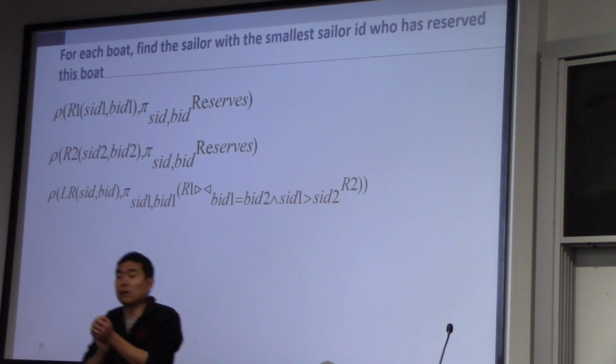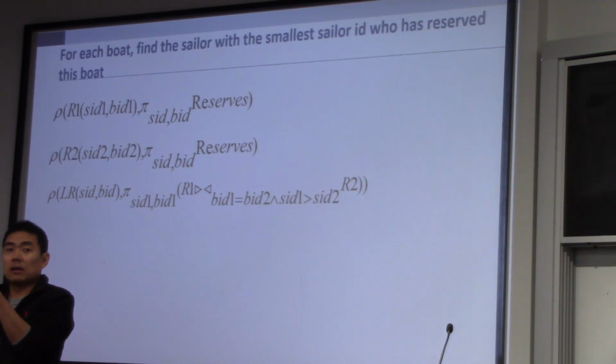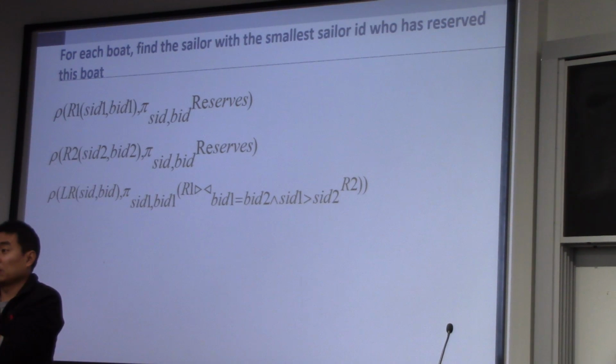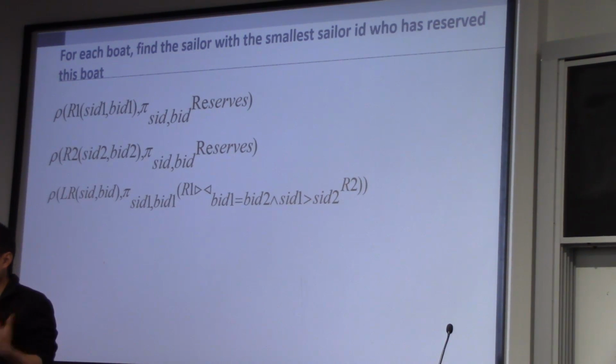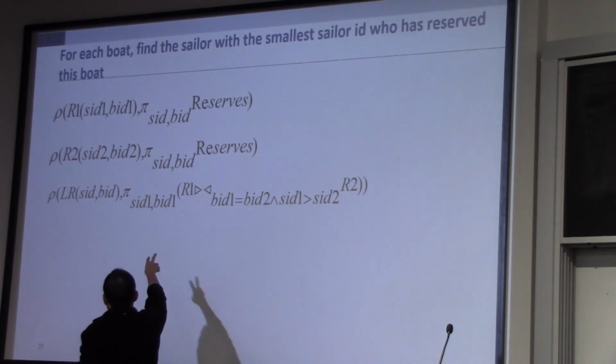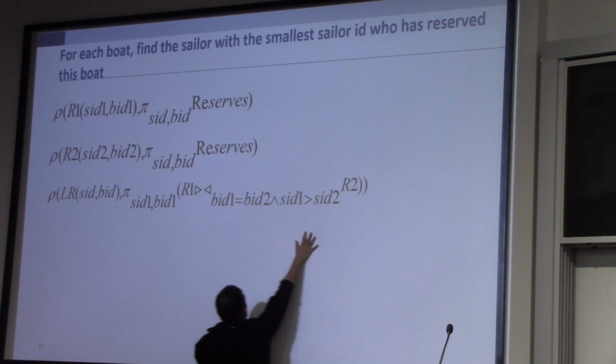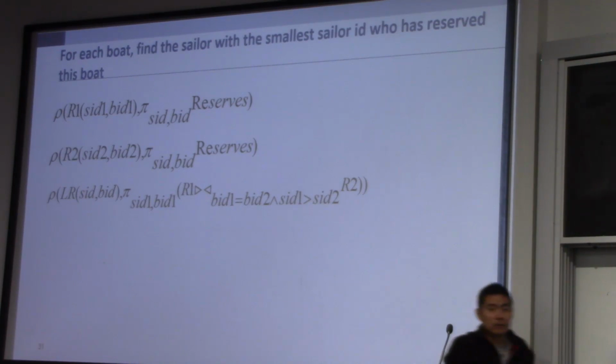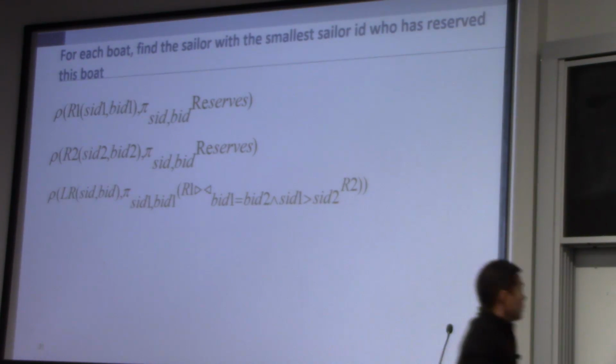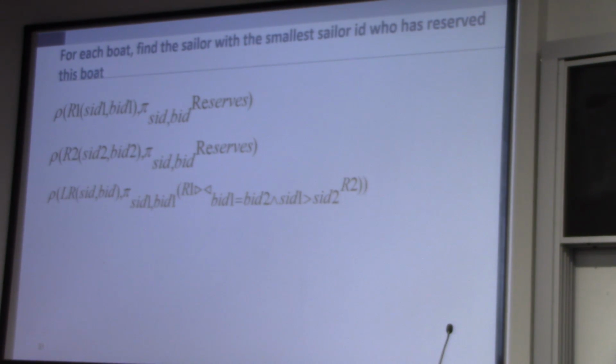This second check is needed because it's a self-join. There are cases where both boat ID are the same and sailor ID are the same as well. You pair against yourself and show up in the cross product. That's possible, and that's not what we want. We want to get rid of those ones. And then you finally project that out. It's very important which one you project out. So in the cross product, what do you have? You have sailor ID 1, boat ID 1, sailor ID 2, and boat ID 2.